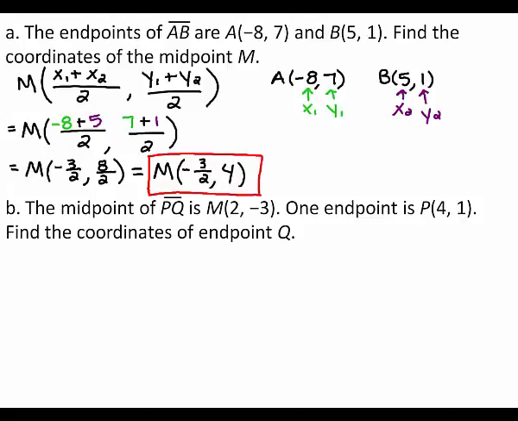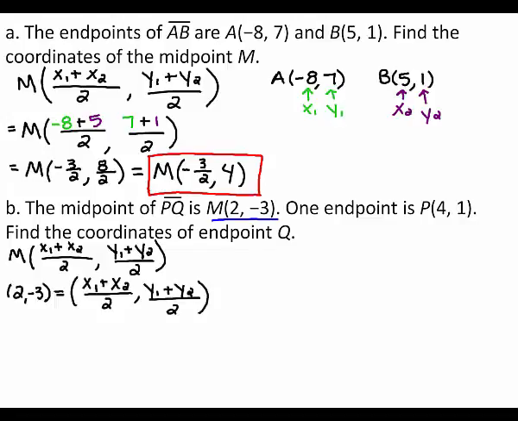In part B, the coordinates of a midpoint are (x1 plus x2) all divided by 2, (y1 plus y2) all divided by 2. In this problem, you are told that the midpoint of segment PQ is M(2, -3). So, the coordinates (2, -3) must equal ((x1 plus x2) all divided by 2, (y1 plus y2) all divided by 2).